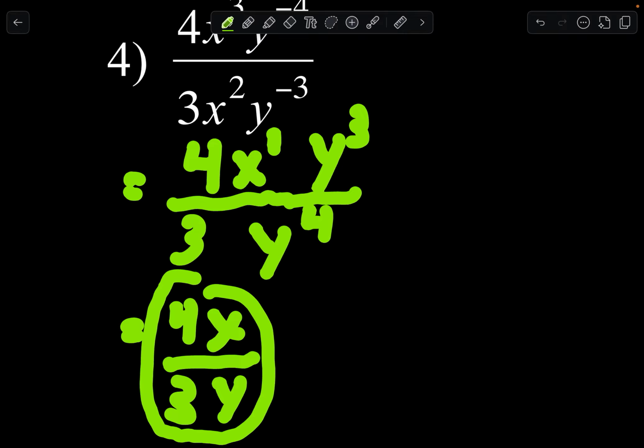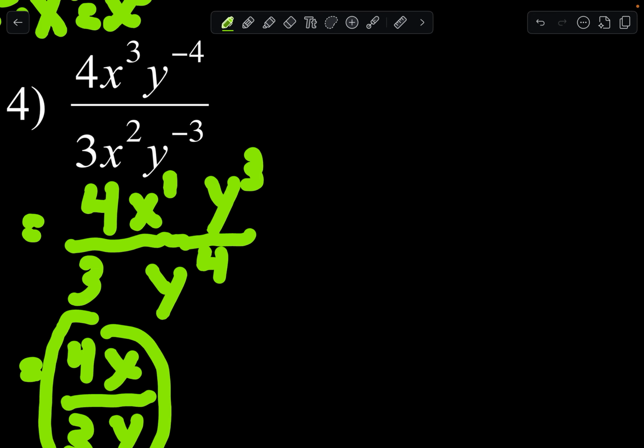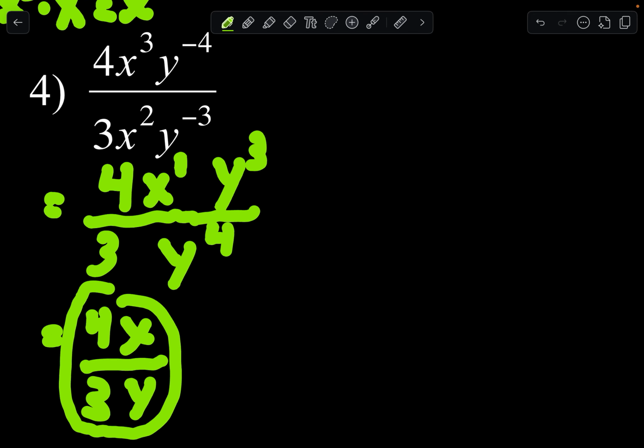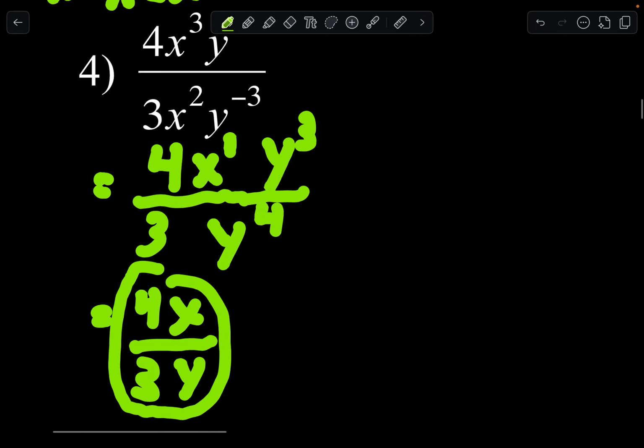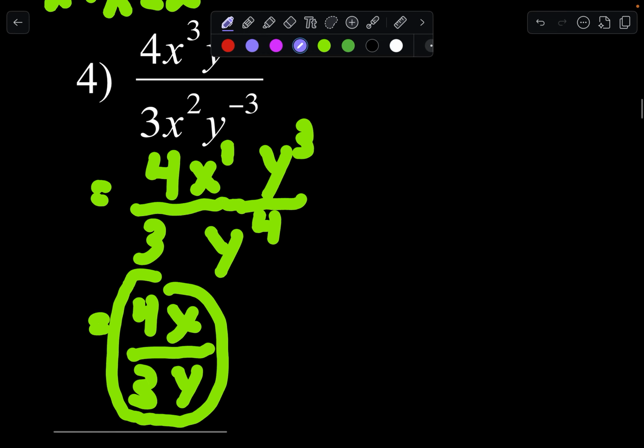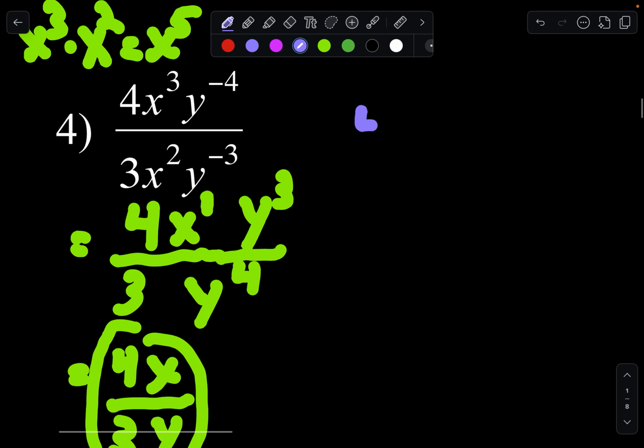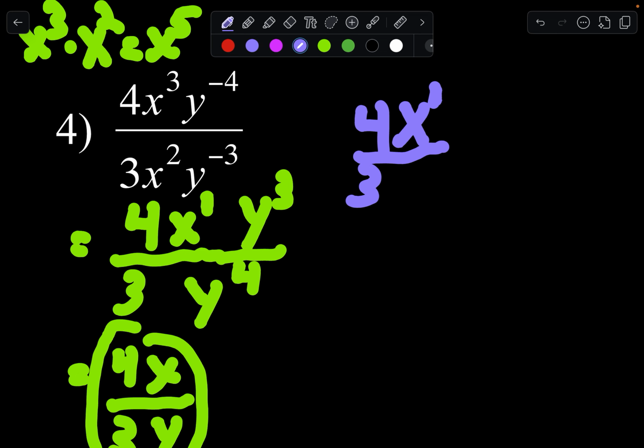Again, I like to move the exponents when they're negative. I guess another way of looking at this would have been 4 over 3, just like before, because those are just numbers. Now, x to the third divided by x squared is x to the first.